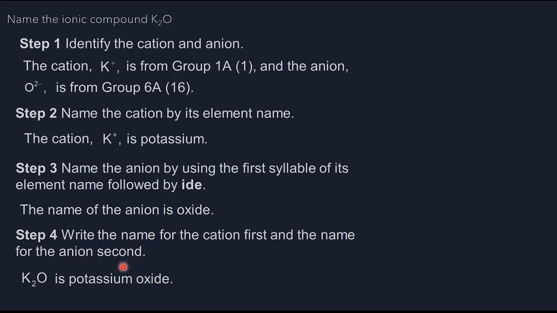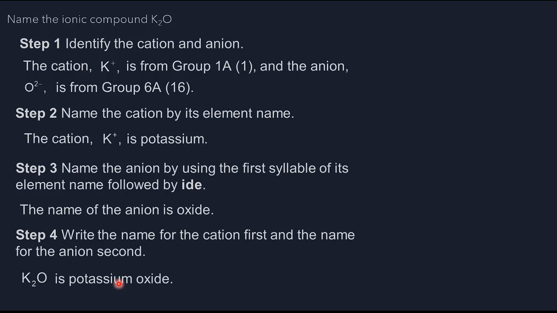Now note, there are 2 potassiums here. We're not writing anything to indicate how many potassiums are in the name. We will do that when we start talking about molecular compounds, but for ionic compounds, we do not have to signify how many atoms or ions are present in the formula, because we can figure that out by looking at the valence electrons and predicting the charge on the ions, right?